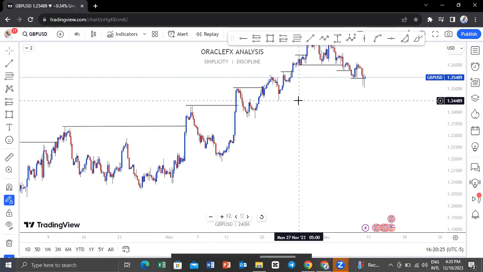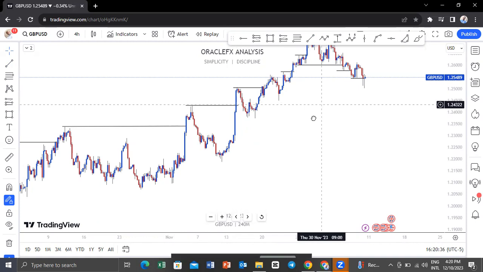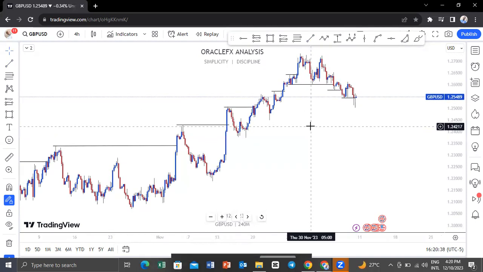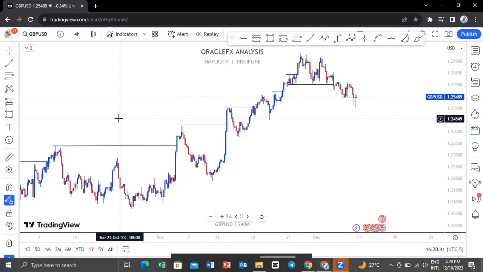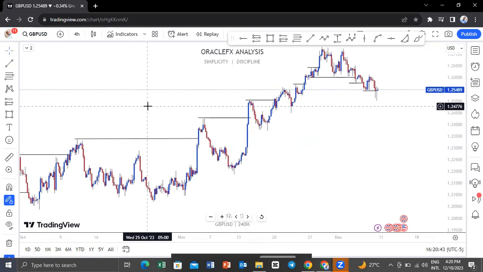So, like I told you, inside our structure, we also have what we call our internal structure. Funny enough, the internal structure is also a structure on a higher time frame.